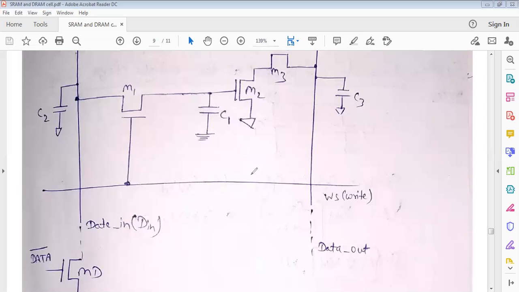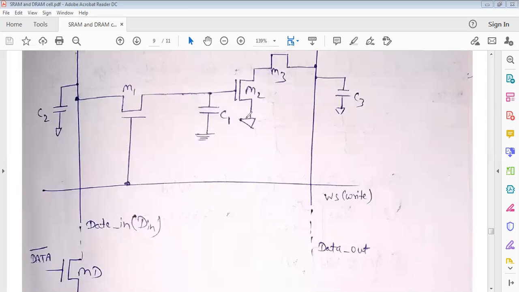Now let's say you want to read the data from here. If you want to read 1, meaning 1 has been stored here, you want to read it.